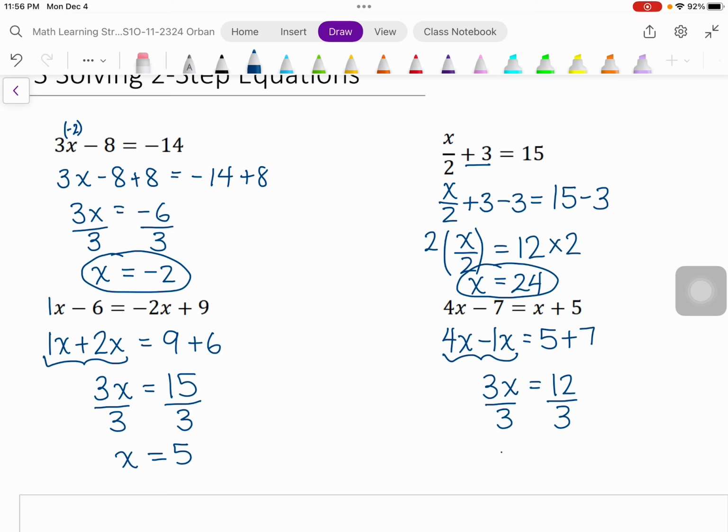And now I'm left with x equals 4 for my solution. I can come back up here and check. 4 times 4 is 16. 16 subtract 7 is equal to 9. And if I plug it in on this side, 4 plus 5 is equal to 9. So both of those sides are 9 when x is equal to 4. So that works out.